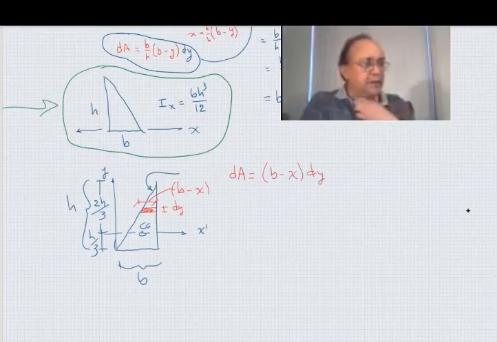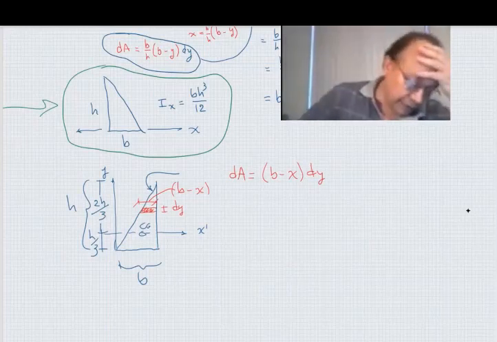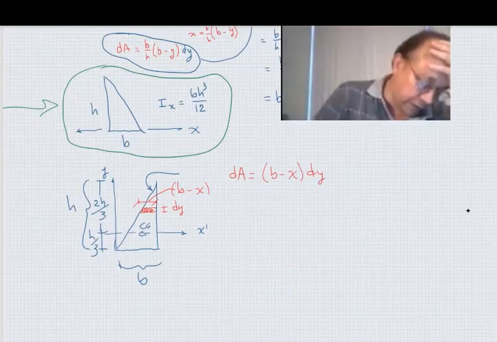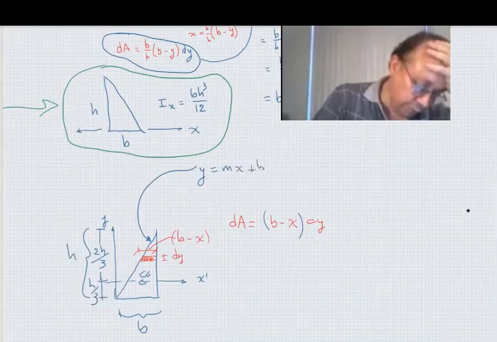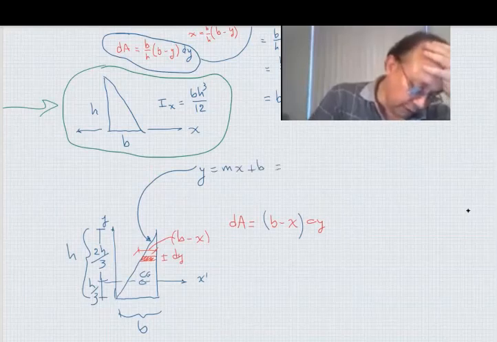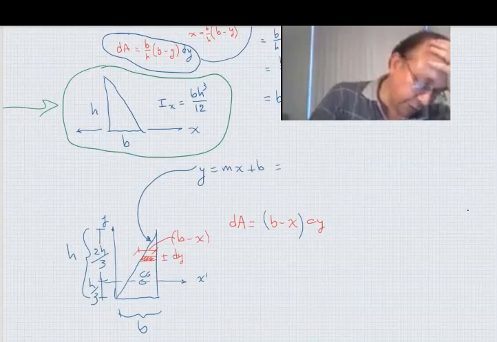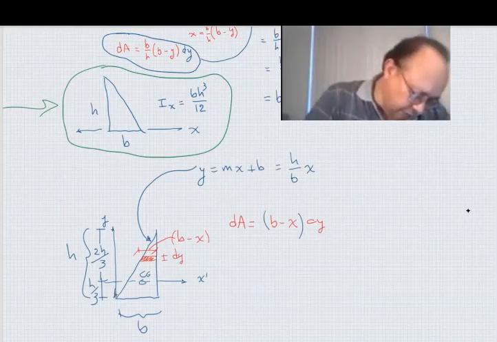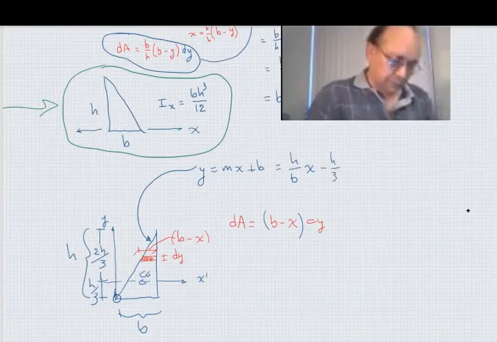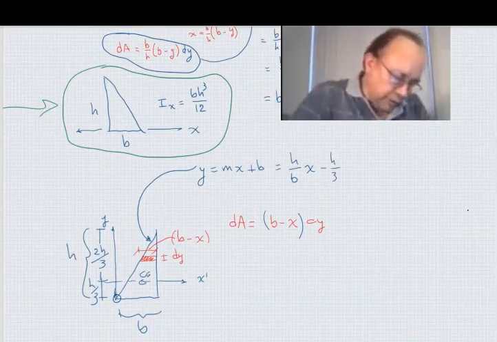That will be my differential of area. And the equation of our triangle is the basic shape of a straight line, which is mx plus b. So the slope is going to be h over b. And the intercept with the y-axis will be here at minus h over 3. So that will be our equation.